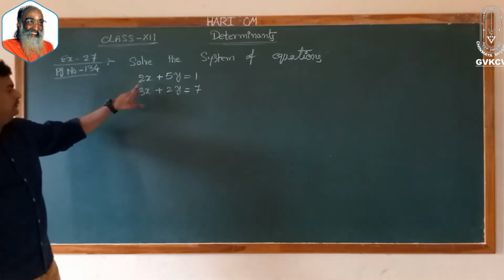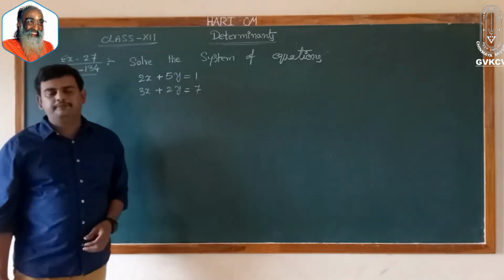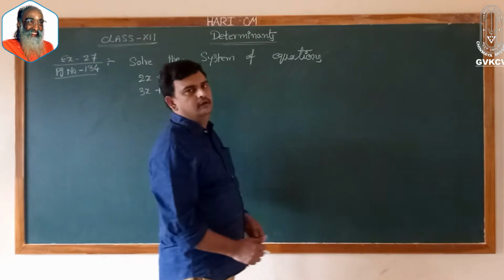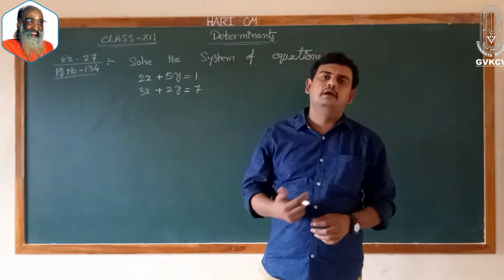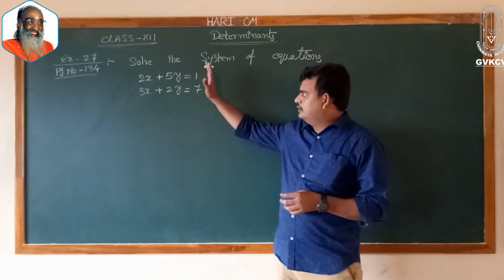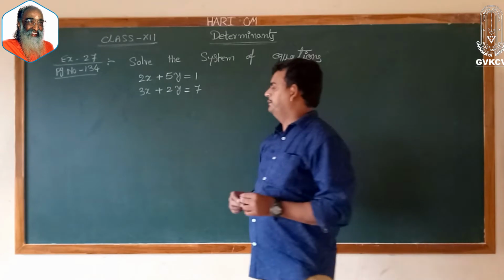Now we need to find the value of x and the value of y. How to solve this system of linear equations? As we know, by using the inverse of a matrix.